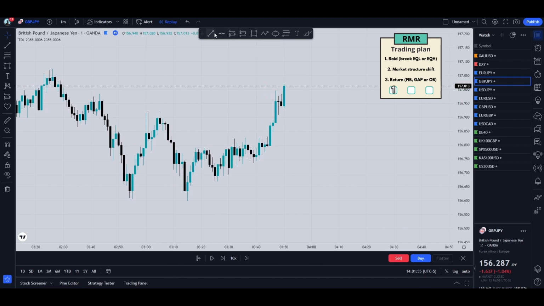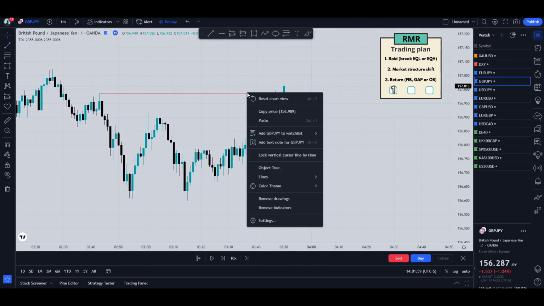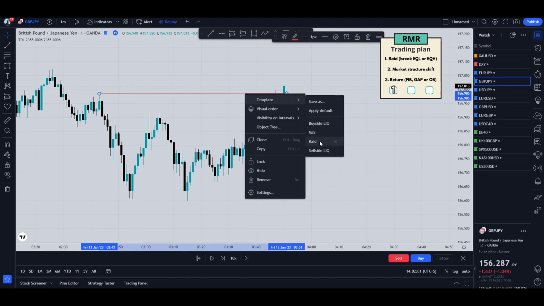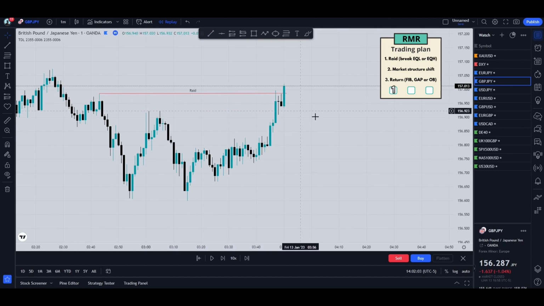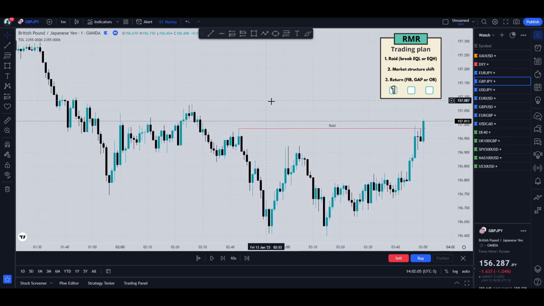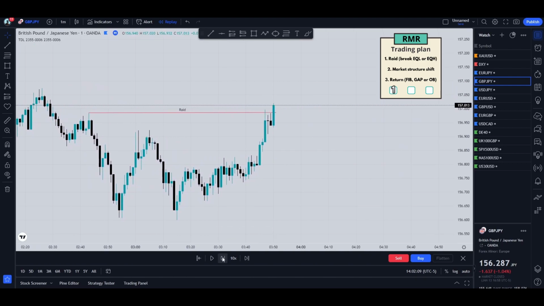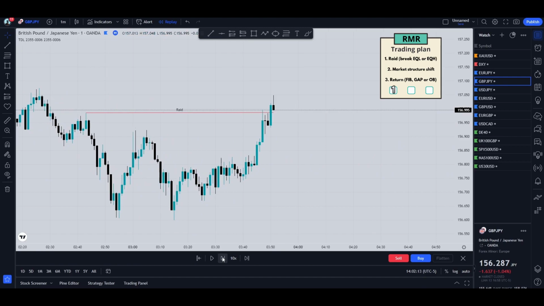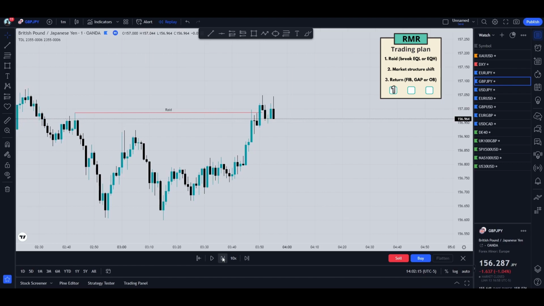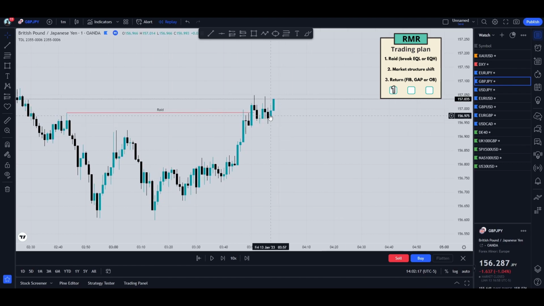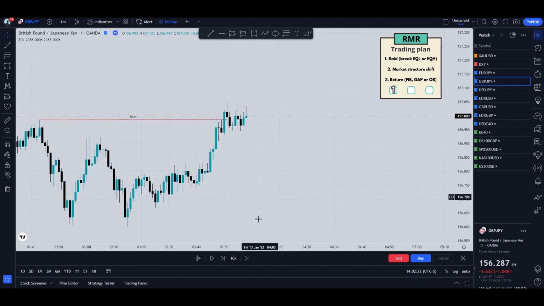And finally now, we swept this high, which is the raid. So we have our raid here. Let's see if we can take this out, or this out, or if we see a market structure shift, then I'll be looking for a short. No market structure shift yet. We didn't break this or this, so let's continue.